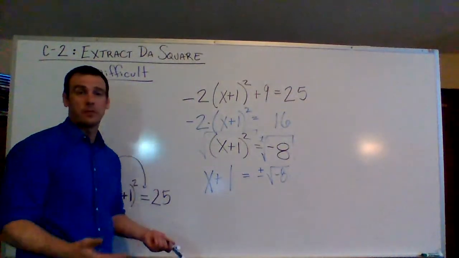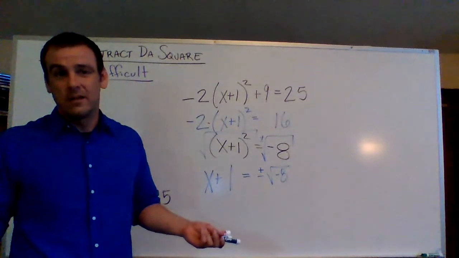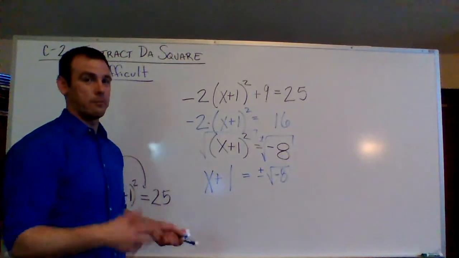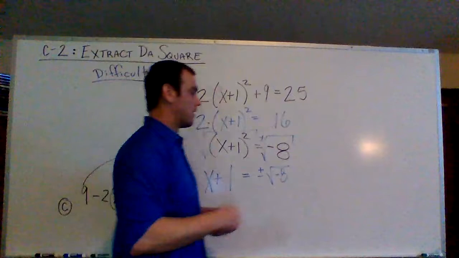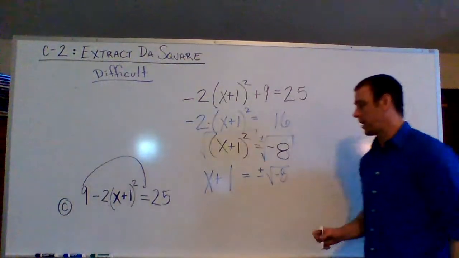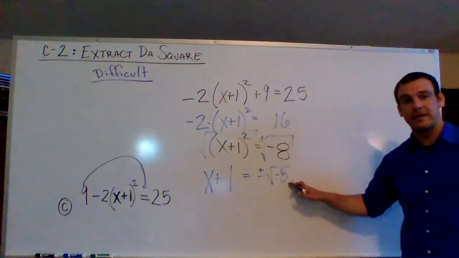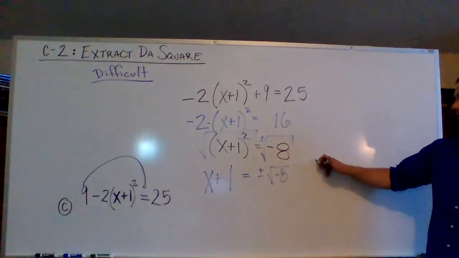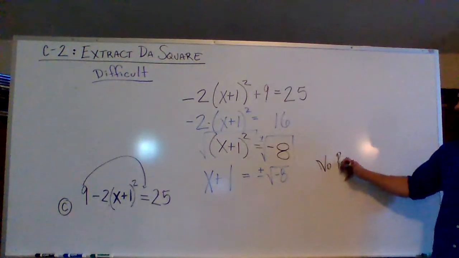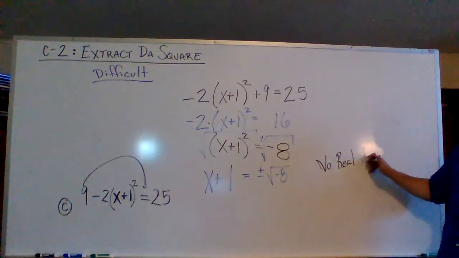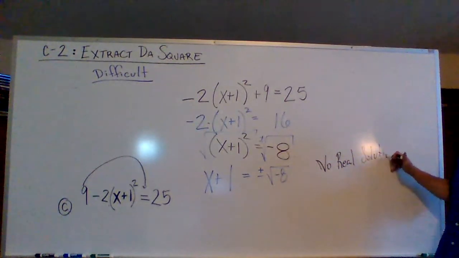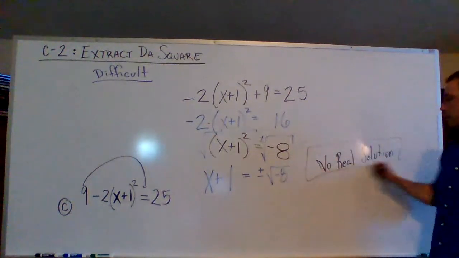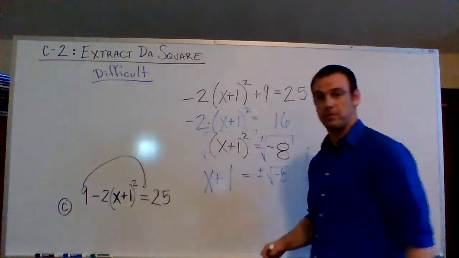There are answers, but they are technically not real. They're not a real number, they're an imaginary number. We're not going to get too in depth with this, but as soon as you see that, you can just say x, or not even x equals, you just say no real solution. There are solutions, they're just not a real number, so we could say no real solution.